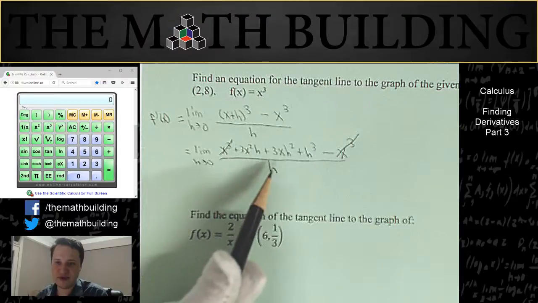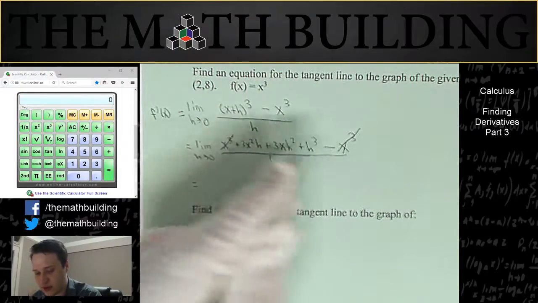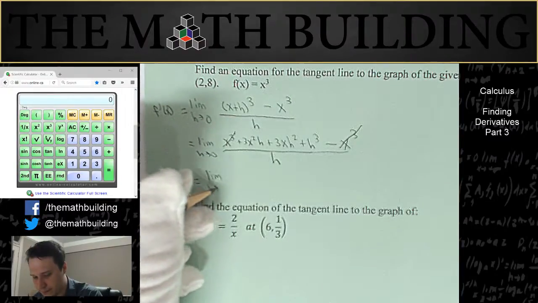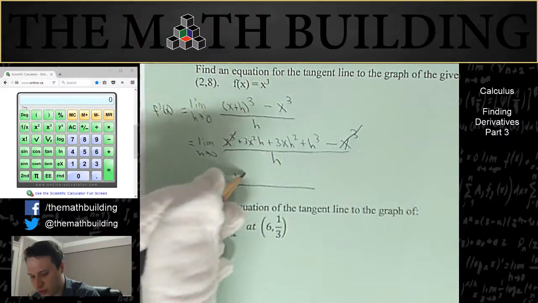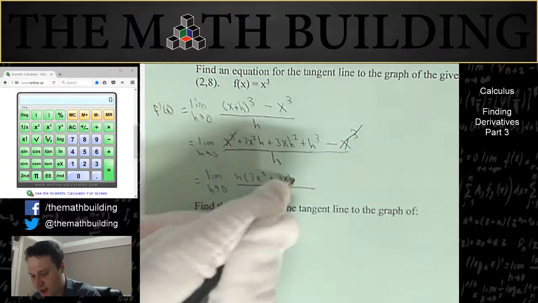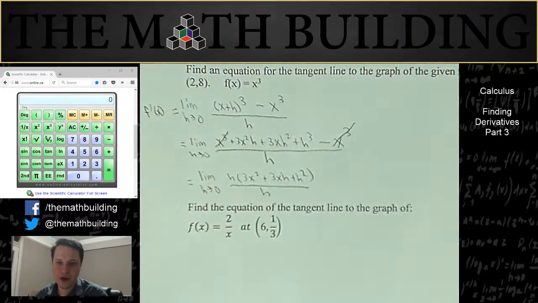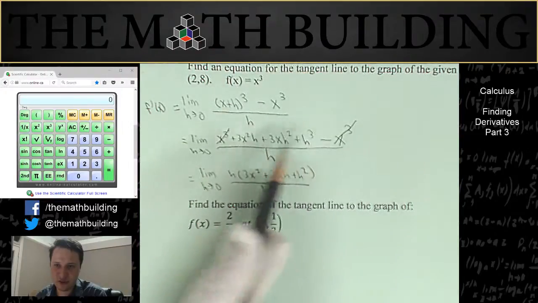Now we need to get rid of this h down here so that we can evaluate the limit. Luckily, h goes into everything on the top. So let's factor out an h on the top, which will give us 3x squared plus 3xh plus h squared all over h. I just factored an h out of the top 3 terms there.